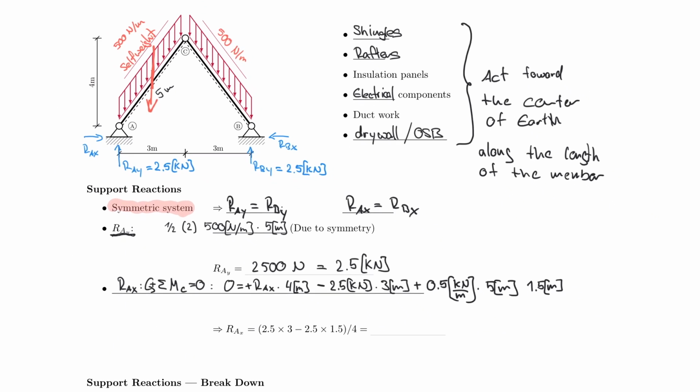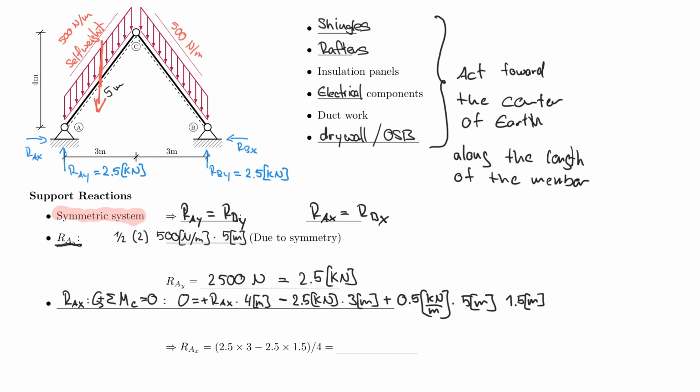And if I now rearrange all this, then I will end up with this equation down here. And the answer then is 0.9375 kilonewton. And this is not for significant figures, but just to carry our understanding through.